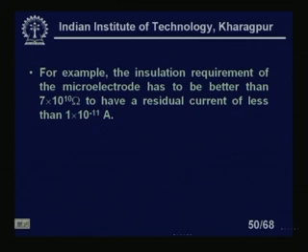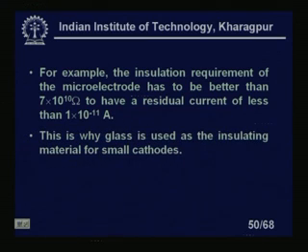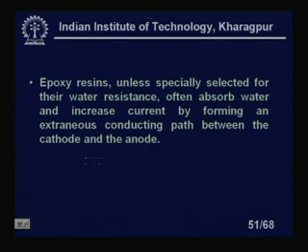That means it is around 70 gigaohm, and you have a residual current of less than 10 to the power minus 11 ampere. That means 0.1 picoampere. So it is quite small. This is why glass is used as the insulating material for small cathodes. It will give you very little residual current.